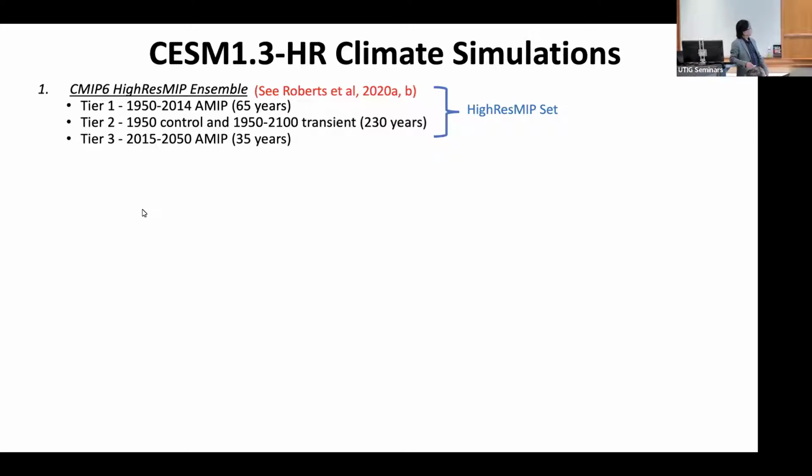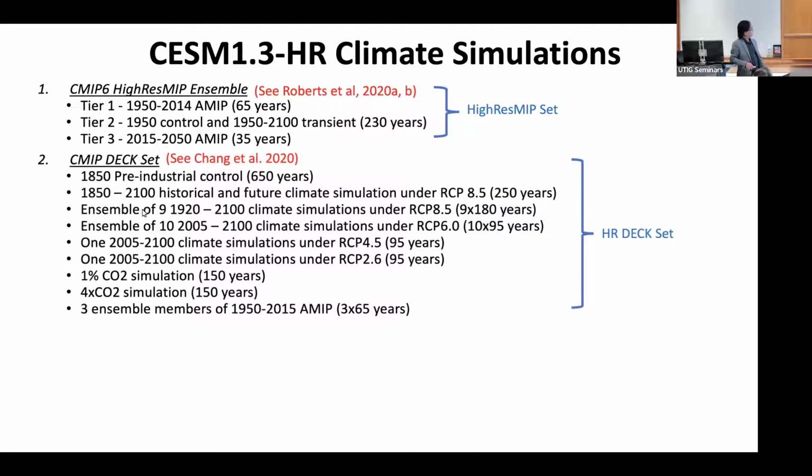And then we did 2 coupled simulations: a 1950 control and a transient climate simulation from 1950 to 2100. And then we also did the tier 3 simulation, which is the AMIP projection into the future using prescribed projected SST. So that's the first set of experiments we finished.